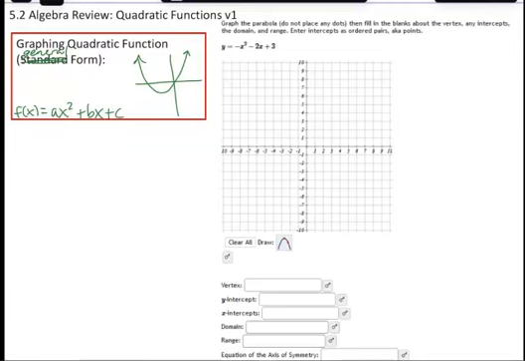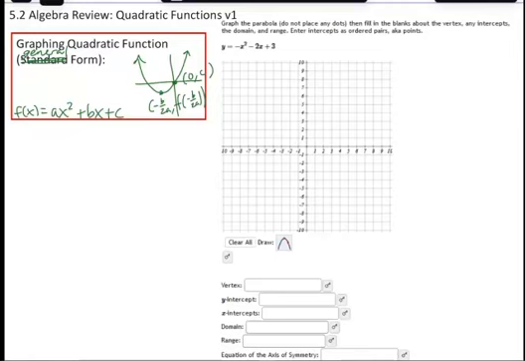When you're looking at general form, you have your vertex, which is negative b over 2a, and then you evaluate your function there. You have your y-intercept, where it's 0, whatever the c value is. And so those are what you're going to see when you're looking at this.